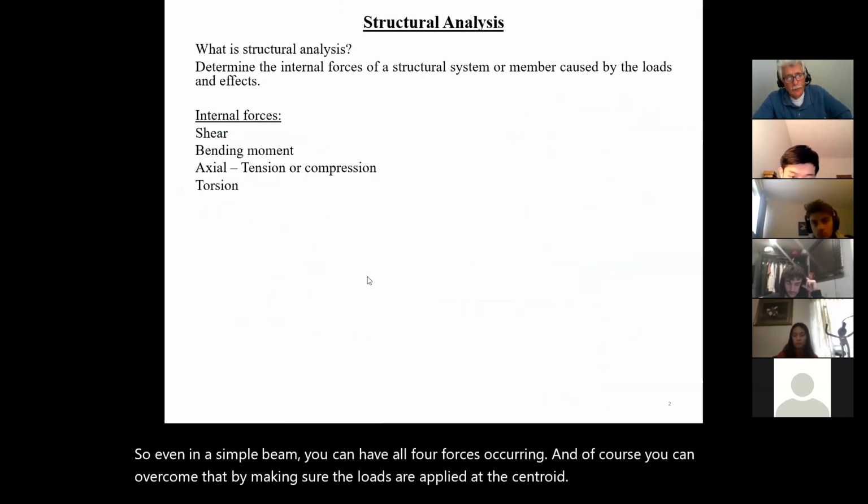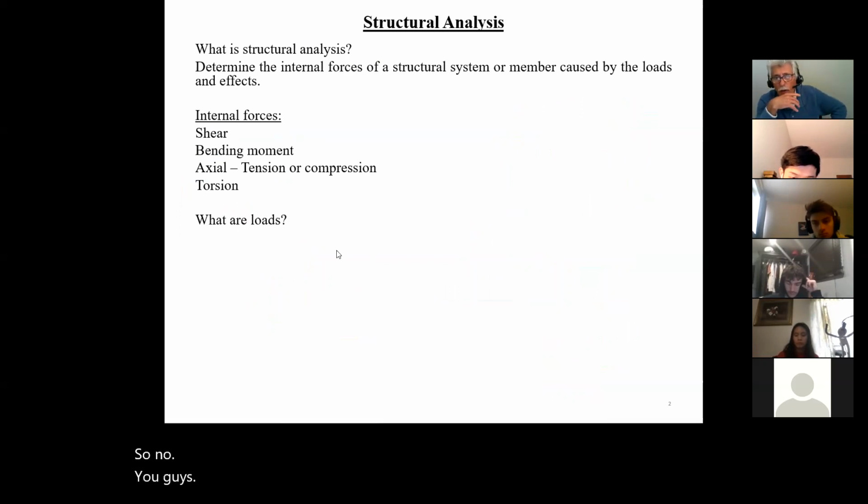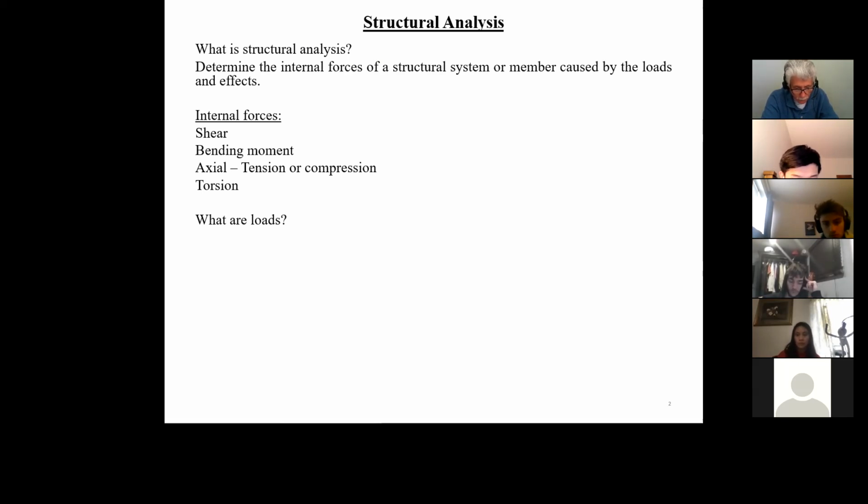So now, what are loads, guys? Anybody have any idea what loads are? Maybe weights that are going to affect the structure.